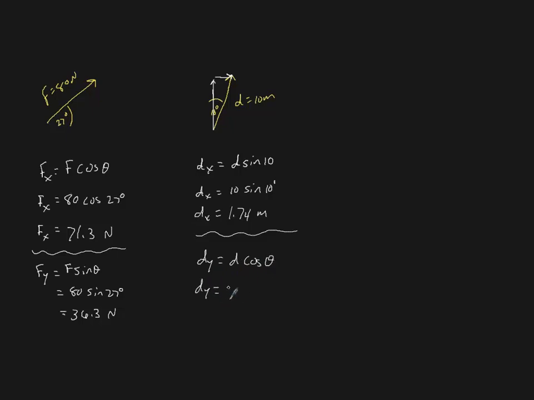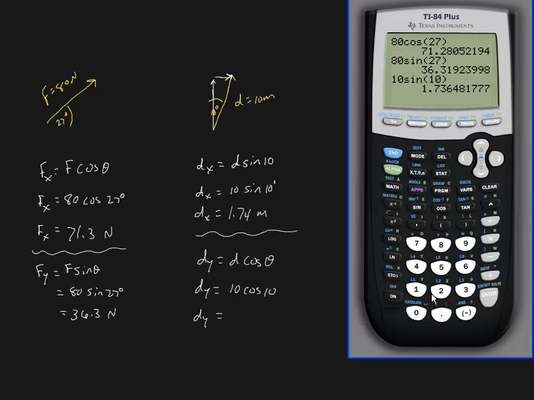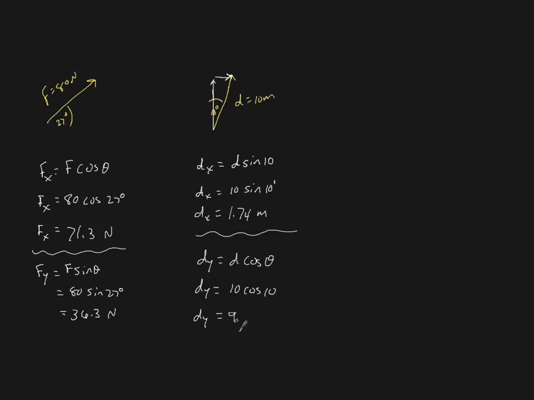So dy is equal to 10 cosine 10, or dy is equal to 9.84 meters.